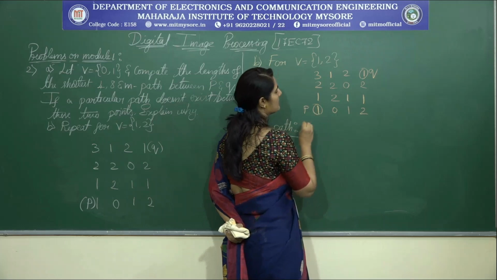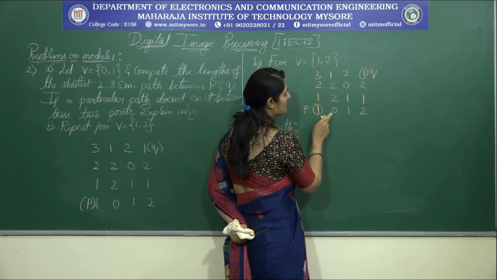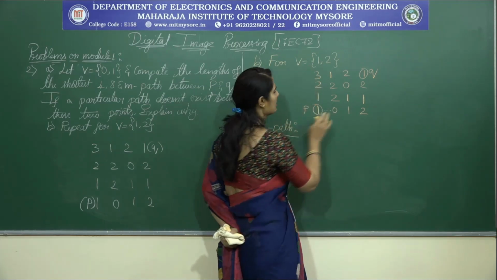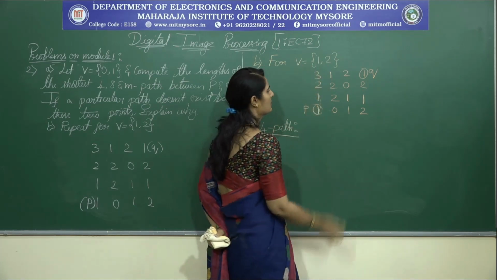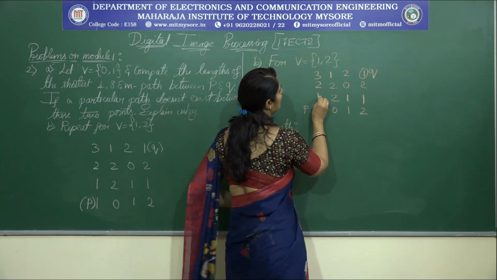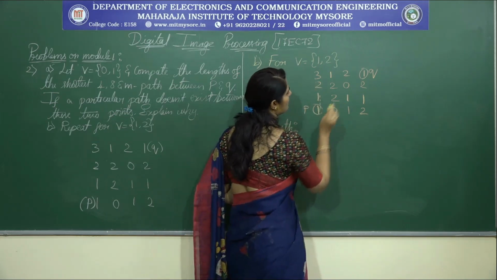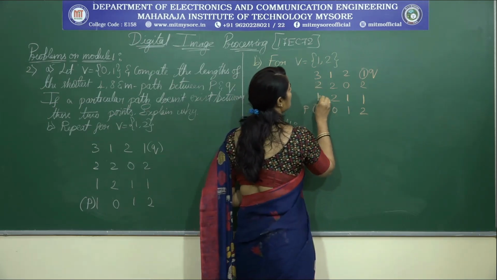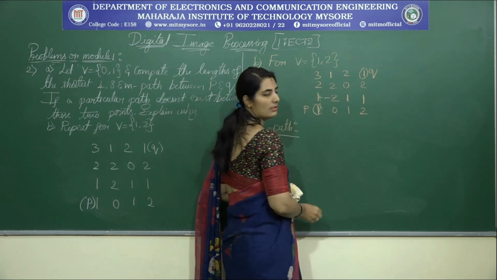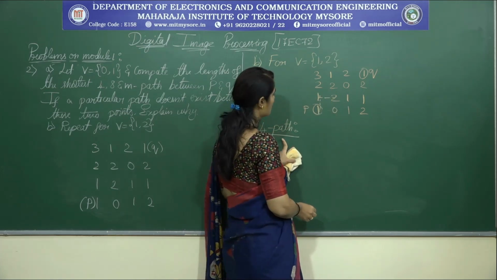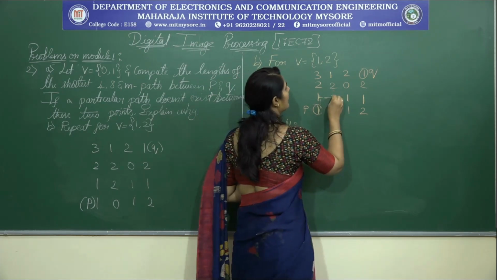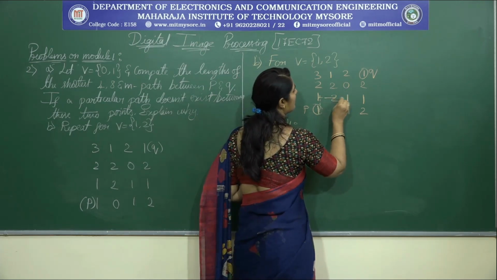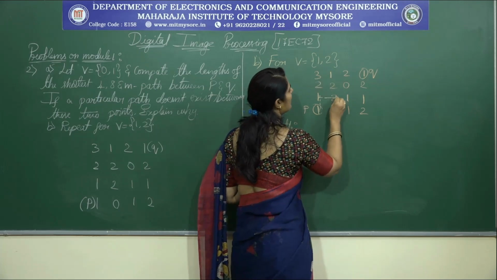So from this pixel 1, I cannot go with this path because 0 is not in the set. So I have to choose this path. Here 1 is given in the set. Now from 1, I can either go this way or this way. I should choose the 4 path, therefore I will go this way, and from here I can go either this way or this way.